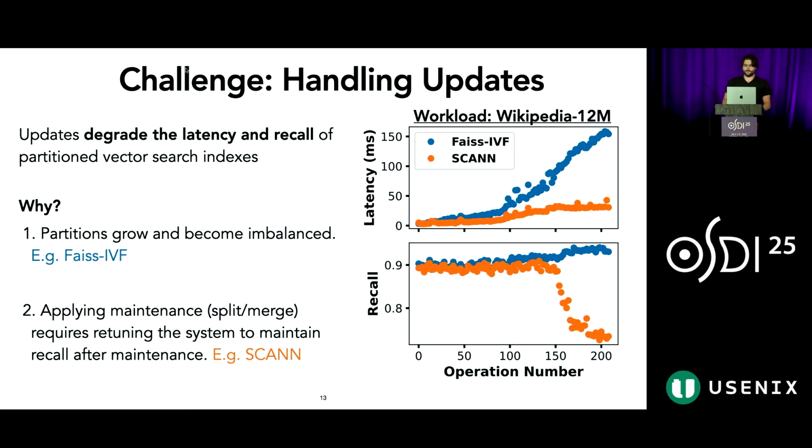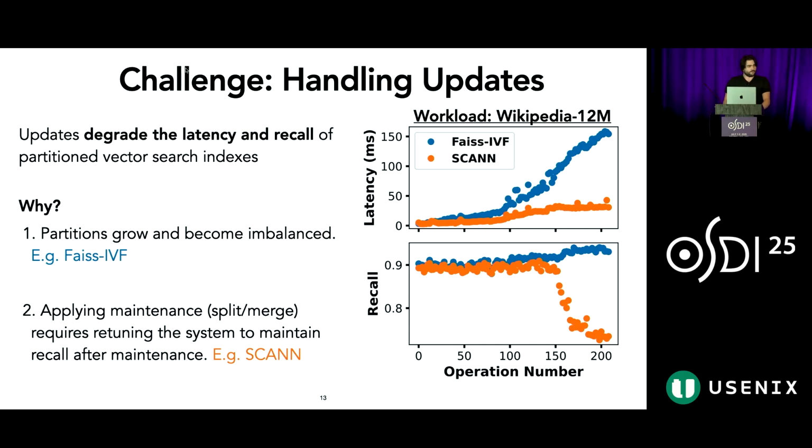To quantify this a little bit, let's look at the performance in terms of latency and recall of 2 types of partitioned indexes: FAISS IVF, which does not do any maintenance, and SCANN, which does splitting and merging. On the top, you'll see the latency to process this Wikipedia workload over the lifetime of the workload, and at the bottom, you'll see the recall.